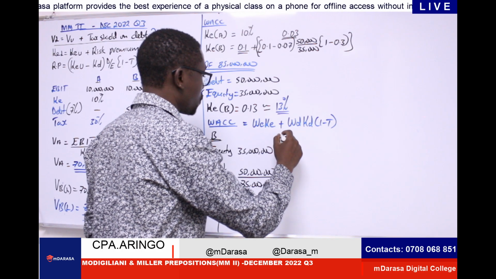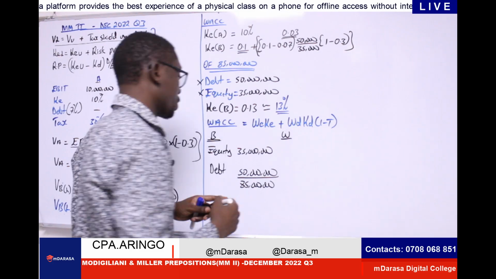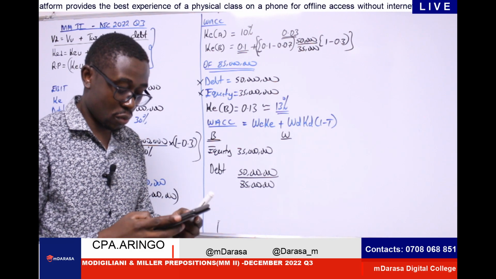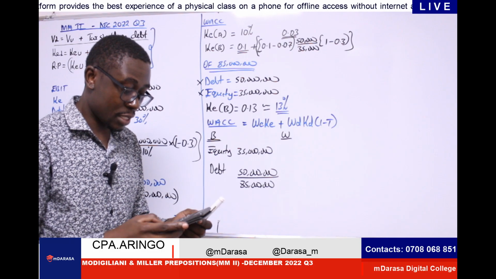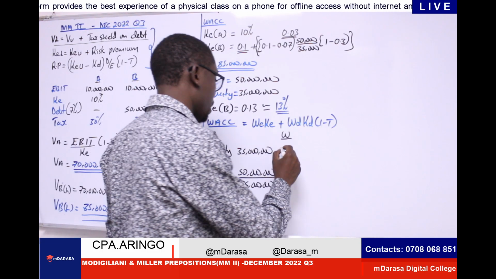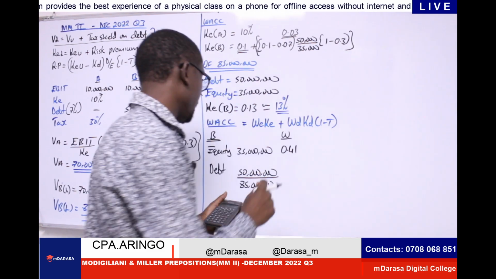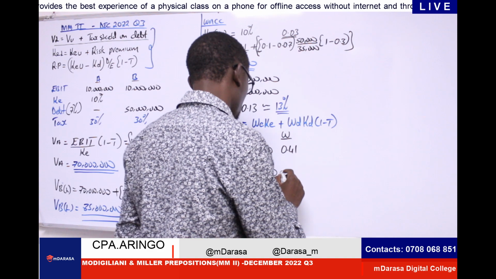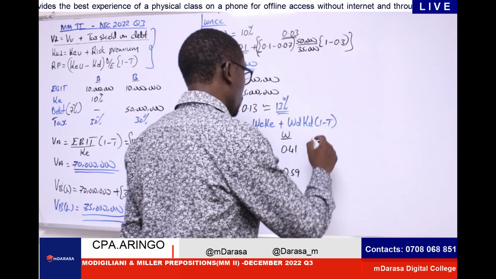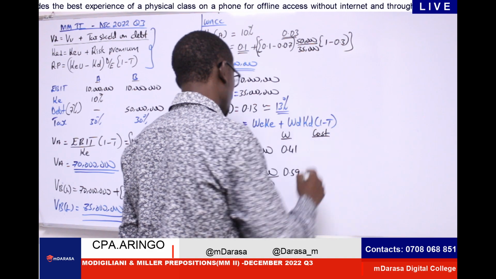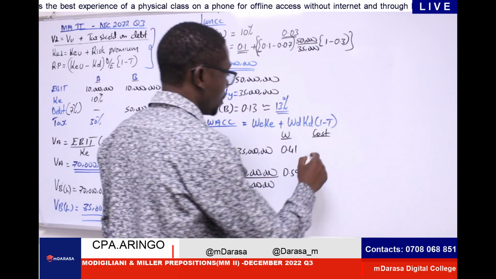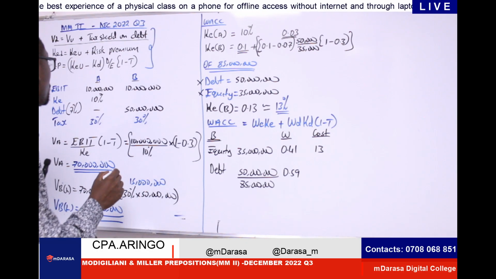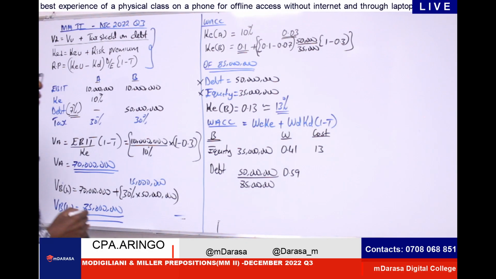So that is to say, my weights will be what? Our weight for equity, I should be talking of 35 divided by 85 to give me 0.41. Debt, 50 divided by 85 to give us 0.59. We have our cost of equity, we have determined it to be 13%, whereas cost of debt, remember, we had it here to be 7%.